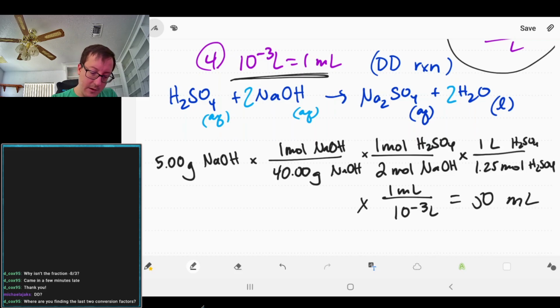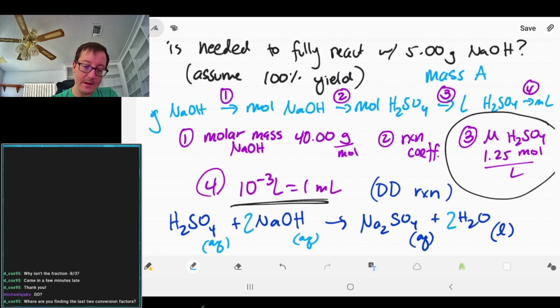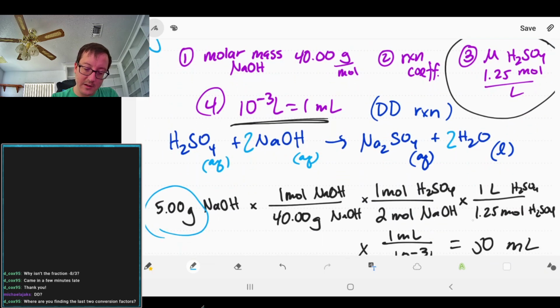All right, so with this, are we done? We are never done because sig figs must always be applied, right? Let's look at the numbers we're given. The numbers that we're starting with in our problem are the 1.25 and the 5. So we need to decide which of those has the smaller number of sig figs.